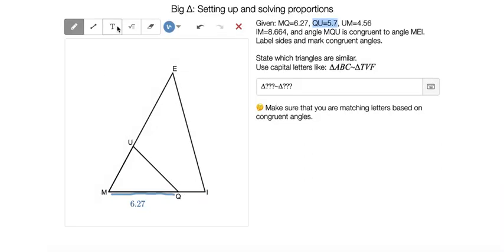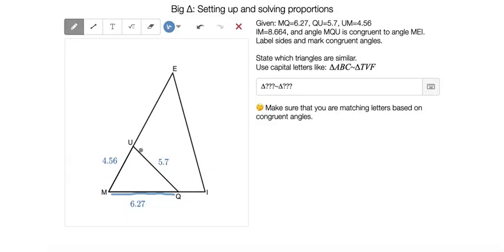QU, well, that's clear, there's only one side over there, that's 5.7. And then UM is 4.56. UM is for the small triangle, so we'll put that in blue, 4.56.